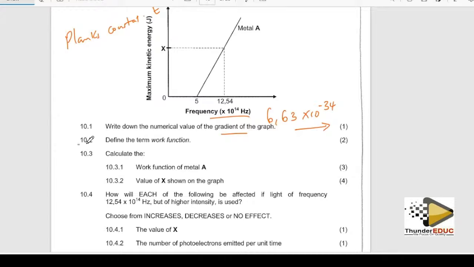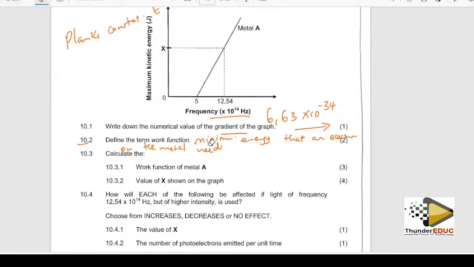Then 10.2, they want us to define what work function is. Work function is basically the minimum energy that an electron in the metal needs, or the minimum energy that a metal needs for an electron to be moved off its surface.